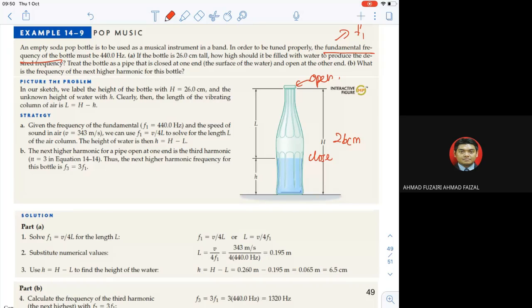So we don't know how many frequency that we will be fitting into this hole. Kita tak tahu ada berapa banyak node point, anti-node point, but we only know frequency fundamental is 440. Okay, how high should be filled? So we need to define L. Alright, so in this case, f equals to v over 4L.